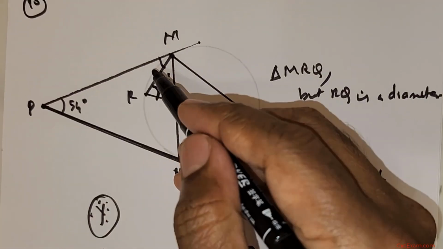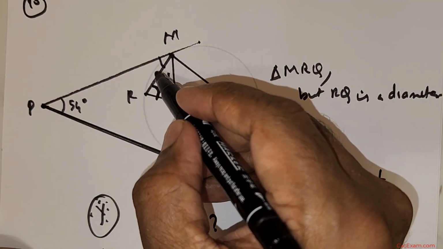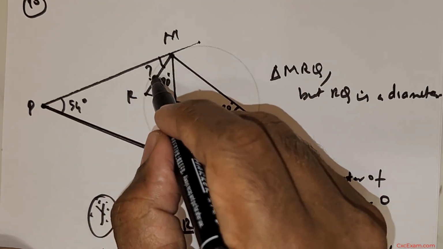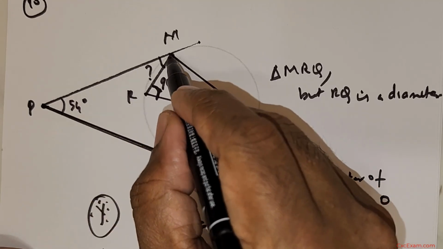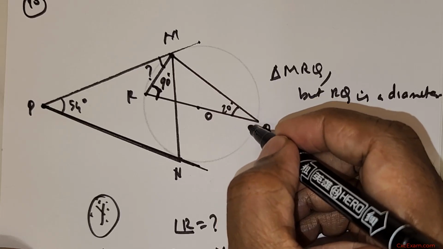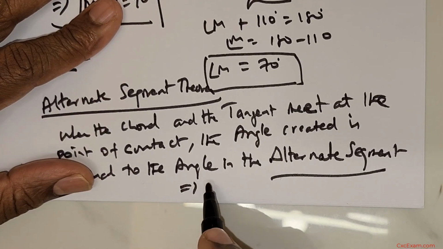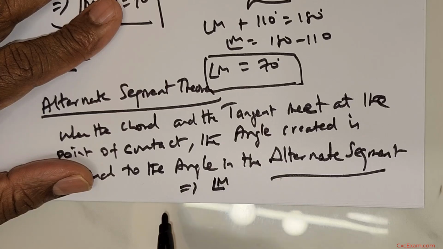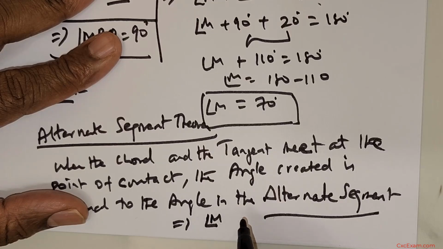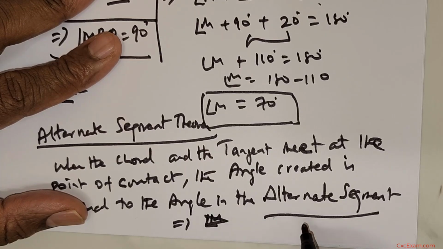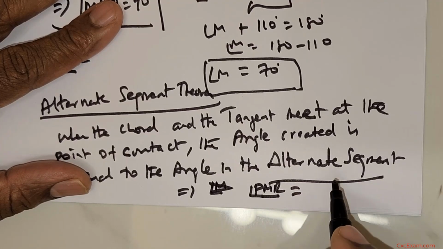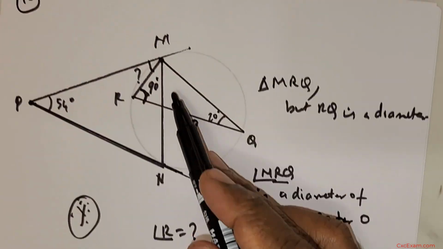Now, what is the meaning of this? We are actually interested in this angle, right? So the angle created here, which is located at M, will directly be equal to angle at Q. So this would mean angle at M, or PMR, is equal to angle MQR.